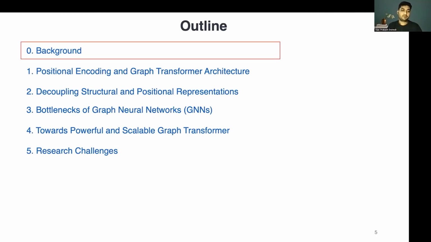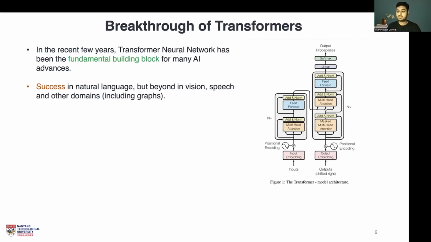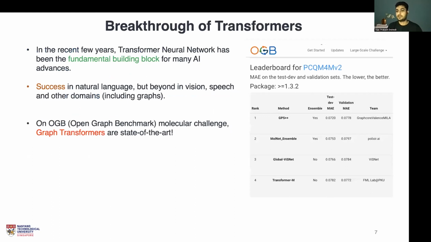So first, for the background. In the recent few years, transformers have become the fundamental building block for many AI advances. We have seen their success in natural language, but also in domains beyond that, in vision, speech, and recently in graphs as well. In graphs, just for a snapshot example, on the Open Graph Benchmark large-scale molecular challenges, if I open up and see the leaderboard as of today, the top 4 models are graph transformers.